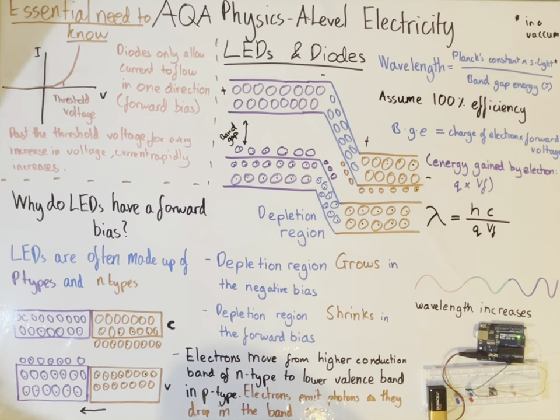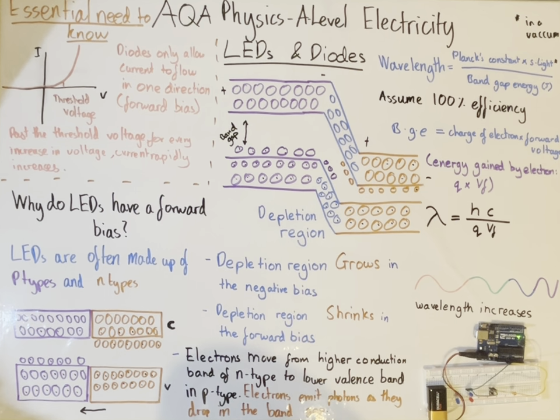Shorter wavelengths is blue, longer wavelengths, that's red. So to determine our wavelength, we can do Planck's constant times speed of light in a vacuum. Today we're not going to look at Planck's constant or dive deeper into this. For today's video, we can just think about it like a constant, really. And this is all divided by our band gap energy.